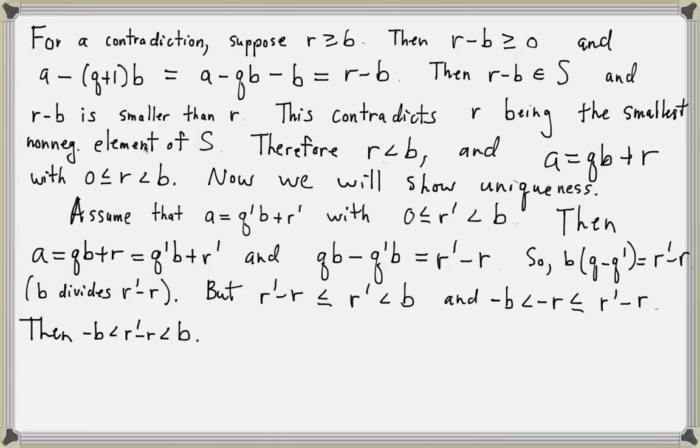So in this expression, we get negative B is less than B times Q minus Q prime, which is less than B. And so you see in the middle of this inequality, we have a multiple of B that's between B and negative B. But the only multiple of B between negative B and B is 0.